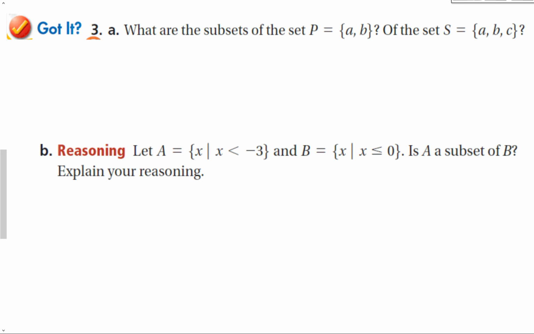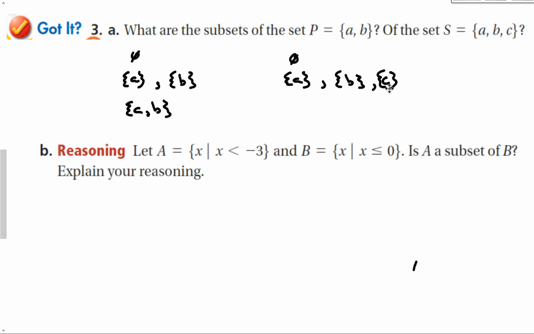What are the subsets of the set {A, B, C}? Well, first is the empty set, then {A}, {B}, {C}, then {A, B}, {A, C}, {B, C}.